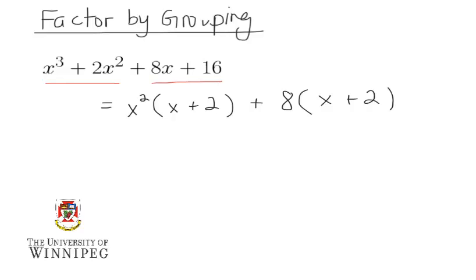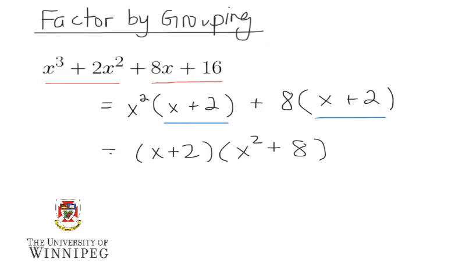Now that we've taken out a common factor from each of these pairs, notice that we have a similar binomial factor. So we can go ahead and take that out as a common factor, and then we're going to be left with x squared plus 8. Now you might wonder here if x squared plus 8 is going to be factorable. In this case it's not, because it is a sum of 2 squares. So this is our fully factored expression.